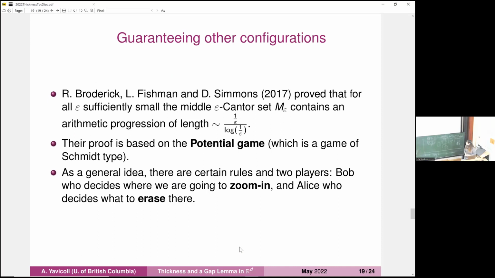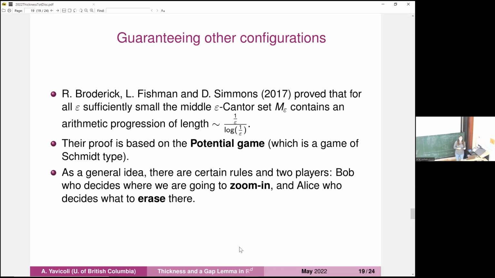Well, now I'm going to change a bit the topic. It's not so much. But I started studying the Gap lemma and the thickness and all of this because I was interested to know when the intersection of Cantor sets or compact sets was non-empty.